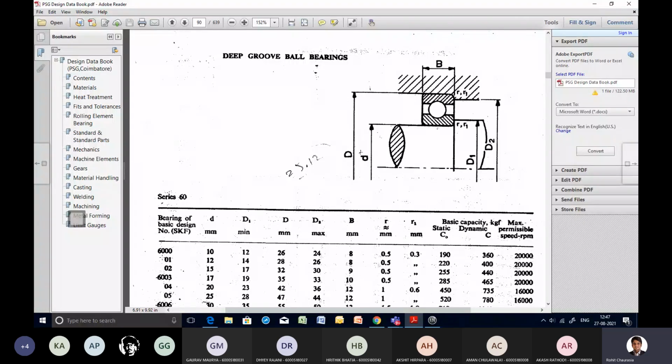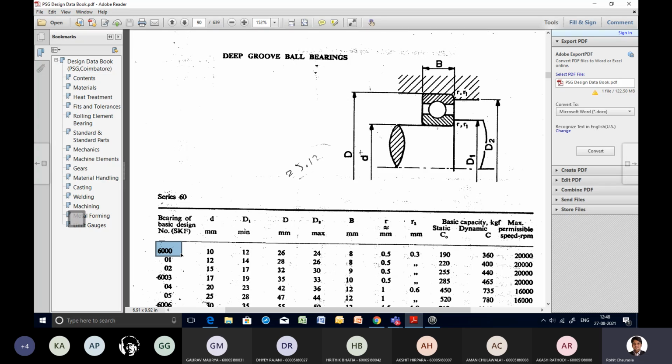Here it is 00, so when we multiply with 5, what will the shaft diameter be? According to our designation, 00 multiplied by 5, what would the shaft diameter be? It would be 00.